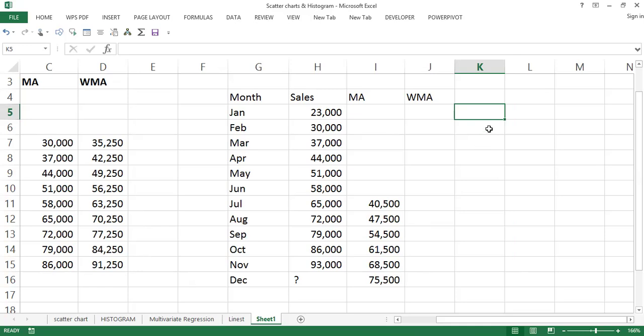We are apportioning more weight to more recent sales, right? Yes. We can use 0.9 for that.